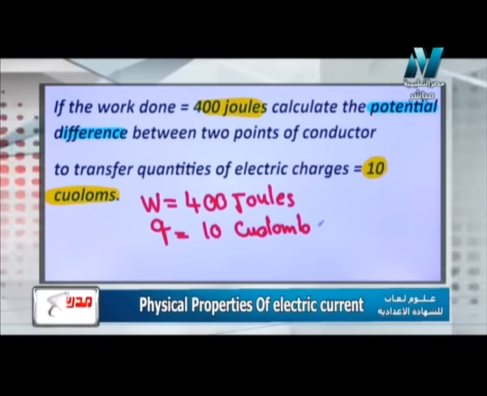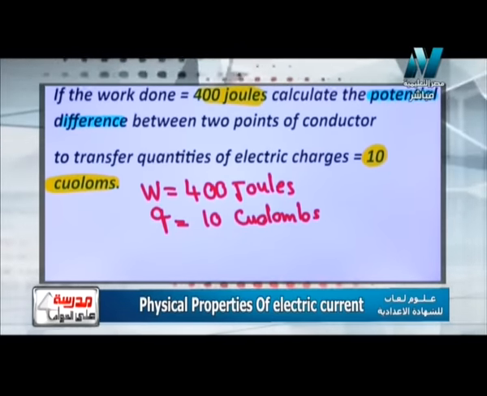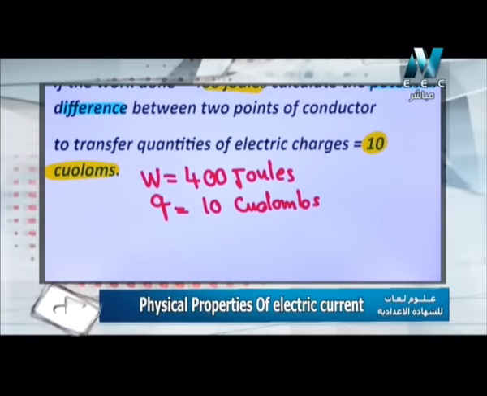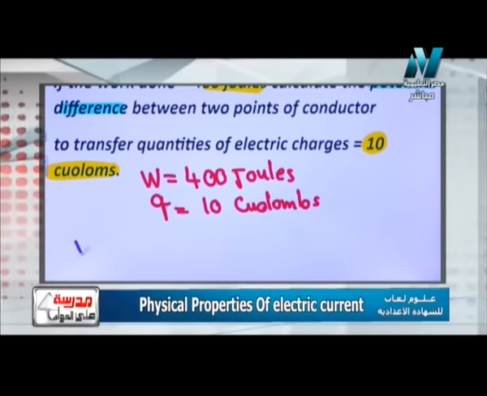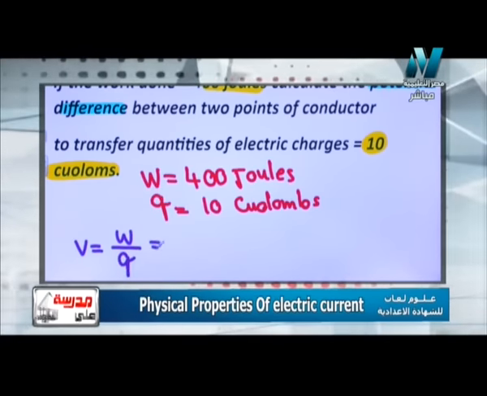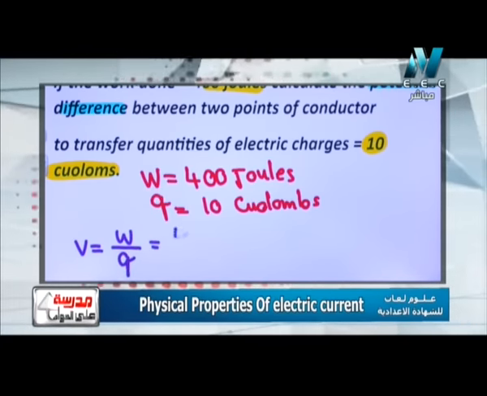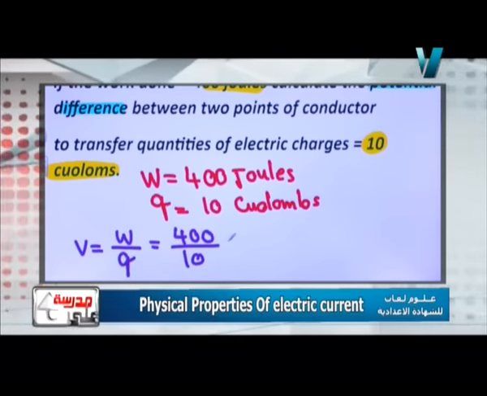And we try to calculate the potential difference. Okay, so we know the potential difference V equals W over Q. So V equals 400 divided by 10 equals what?